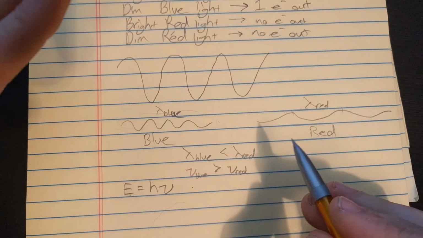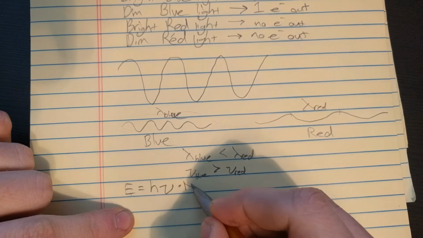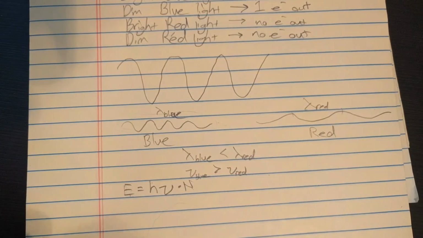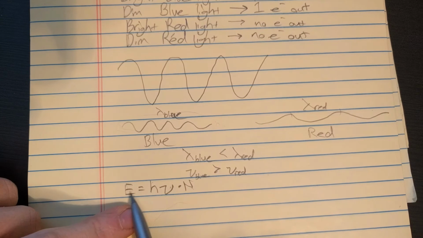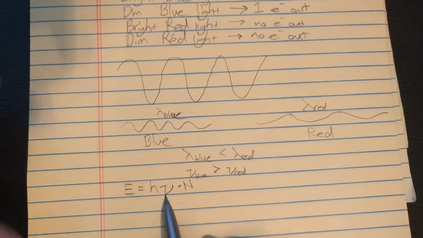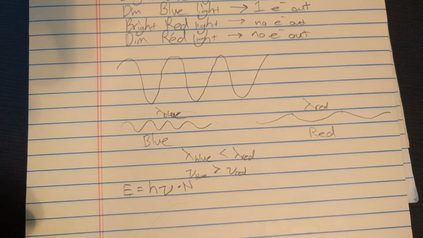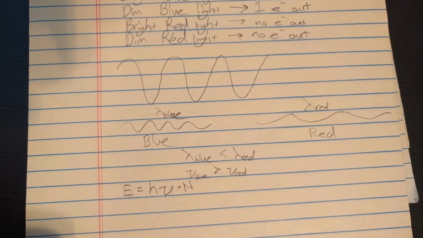And so if you accounted for the number of photons, you would just multiply it by the number of photons. So this formula told us that one photon of blue light has more energy than one photon of red light.